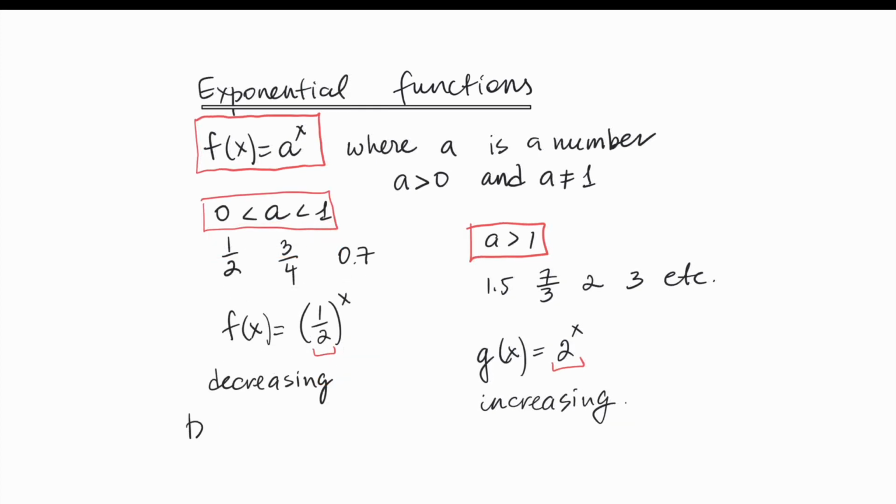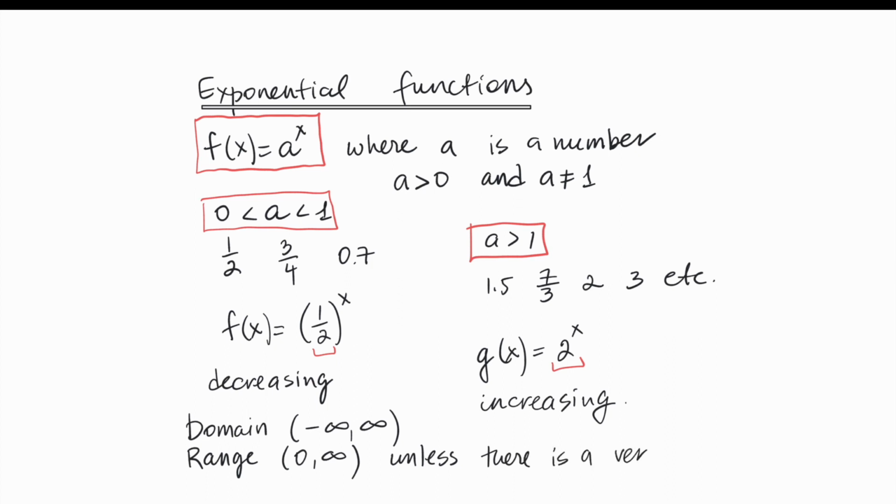The domain of both of these kinds of exponential function never changes, and it's always from negative infinity to infinity. The range is from 0 to infinity unless there is a vertical shift.